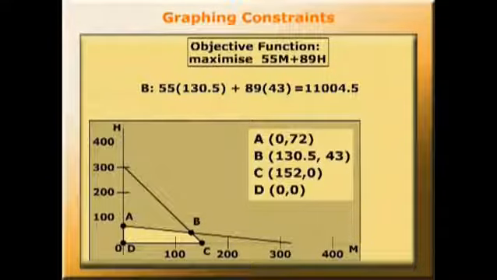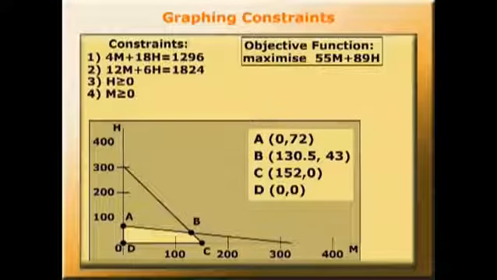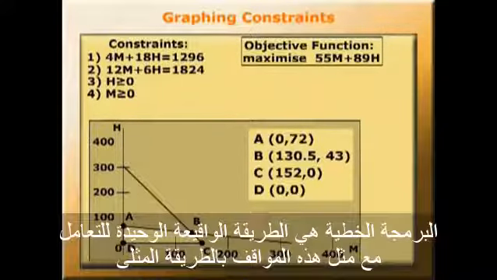We know now how many batches of M and how many batches of H to produce in order to maximize our profits within those constraints. So when a producer has to maximize profits subject to a set of constraints, linear programming is the only realistic way of establishing how to handle those resources in an optimal way.